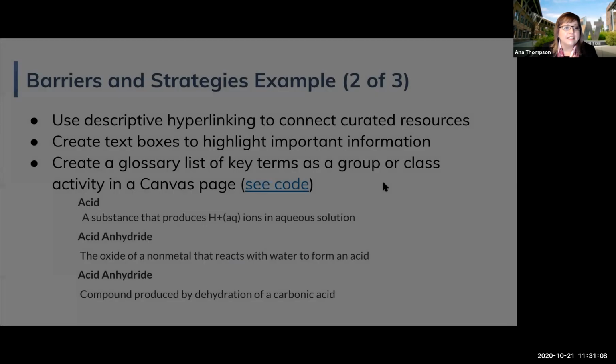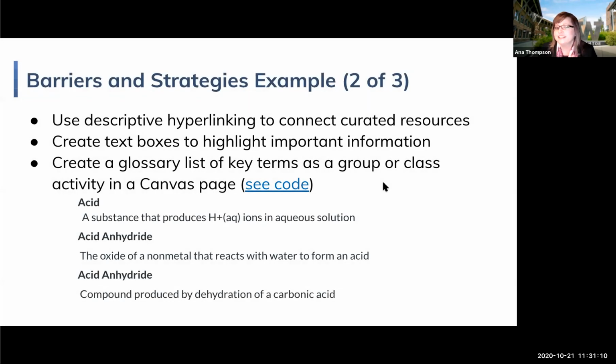I thought that was a really good tidbit that I've used before to create a nice looking glossary of terms. There's a feature in Canvas where you can allow students to edit a Canvas page that you have created, sort of a wiki. And I always get positive reviews from those when students co-create content together.